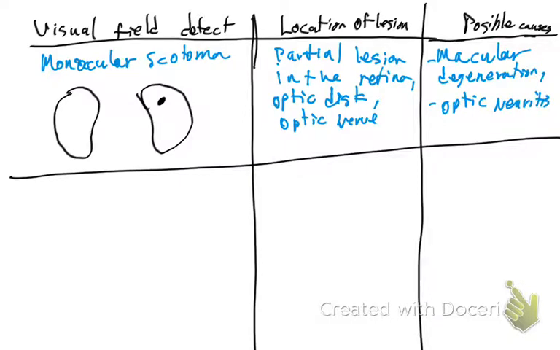Okay, so basically this is for monocular scotoma. The other lesion that we can see is a right anopia. So right anopia, imagine like this. In this right anopia, what's going on here?